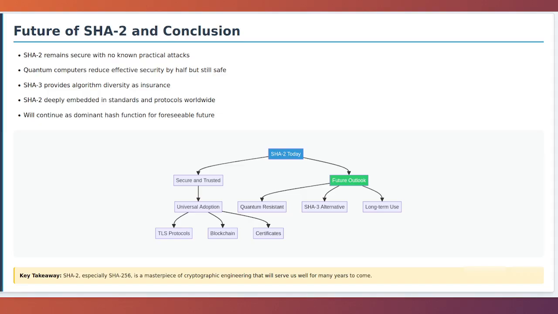Understanding how SHA-2 works, from the high-level Merkle-Damgard structure down to the bitwise operations in each round, gives you deep insight into practical cryptography. Whether you're building secure systems, analyzing protocols, or just satisfying your curiosity, this knowledge of SHA-2 is foundational to modern computer security.